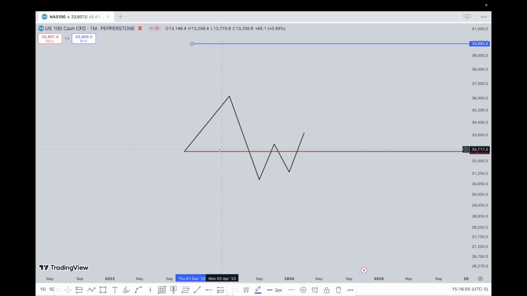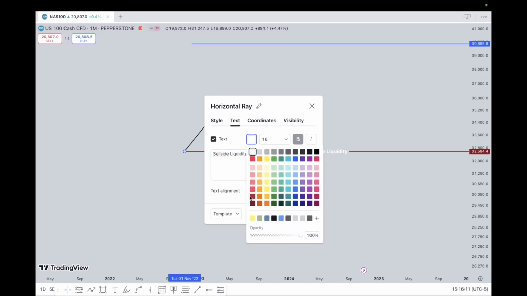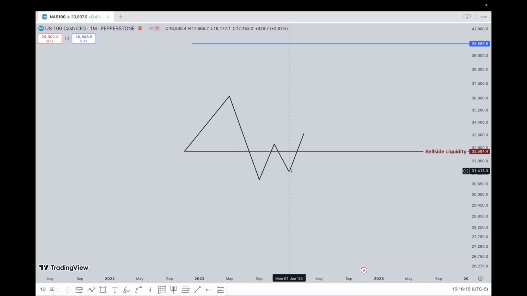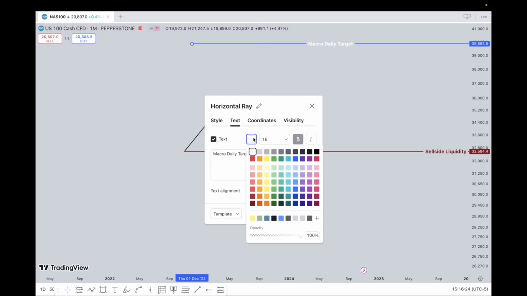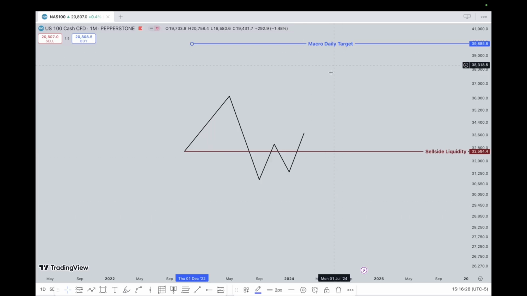All right. Sell side liquidity. All right. This is our macro daily target. So this is a target that we want to see for the day, not necessarily for the session.